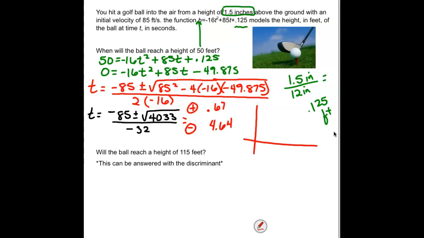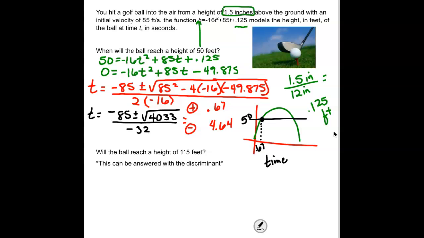If you picture when we did our graphing, we're starting just above the ground. That golf ball's going up in the air and coming back down, right? Because of gravity. At some point, we hit a height of 50 feet. And what they're telling us is that the first place we hit that, our time is 0.67 seconds.